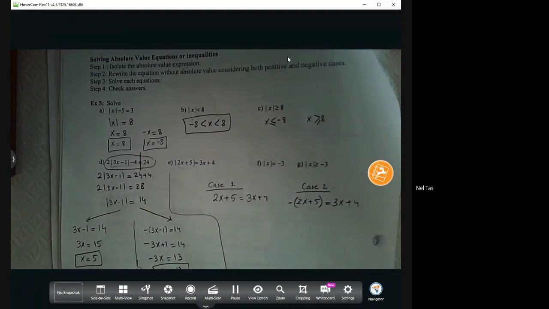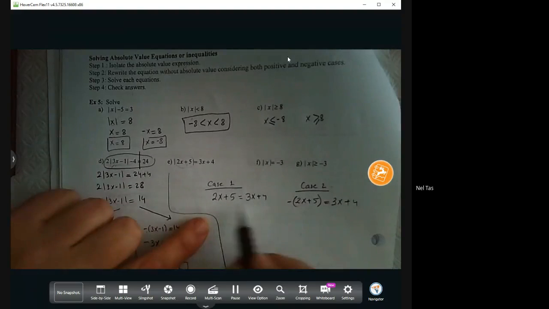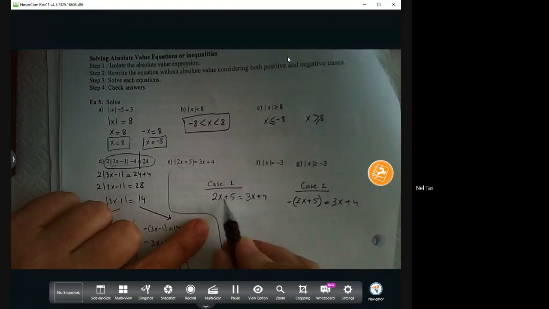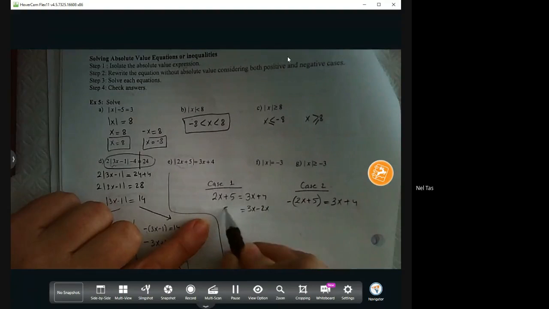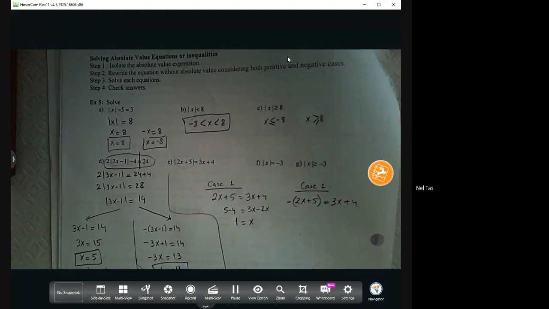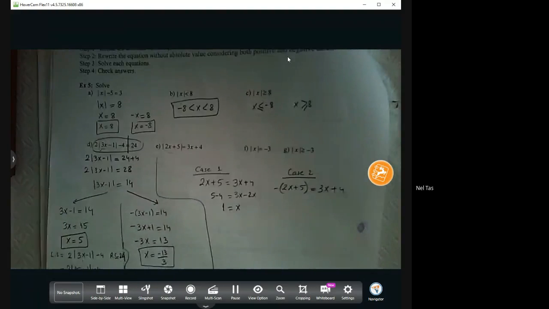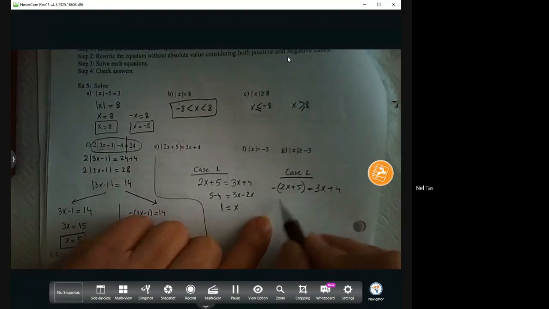Okay, now we are going to solve two equations again. So collect x's on one side. So I'm going to move 2x to the right, 4 to the left. So we get x equals 1. Okay, so let's look at case 2. So distribute that negative sign.